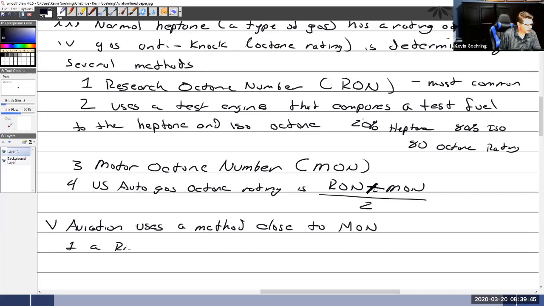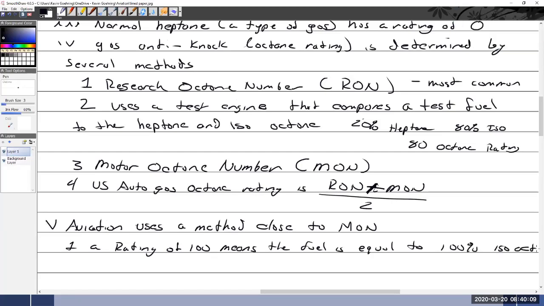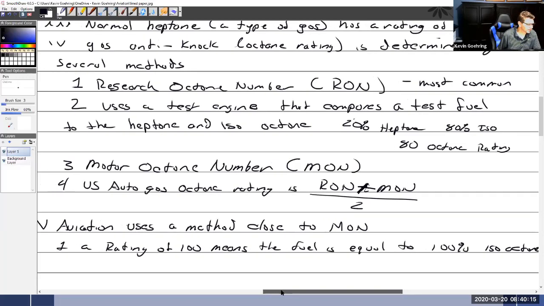So a rating of 100 means the fuel is equivalent, I'll put equal to, 100% isooctane. Oops, ran off the page. It's all right. Isooctane.